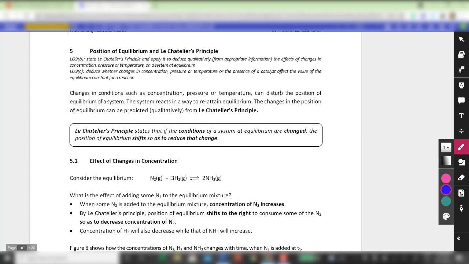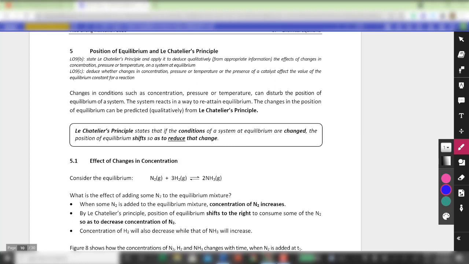But let me reiterate that Le Chatelier's principle is not an end-all solution. It is something that was developed, and people observed that it helps to explain things, but it shouldn't be used blindly. Let me just emphasize, it shouldn't be used blindly.